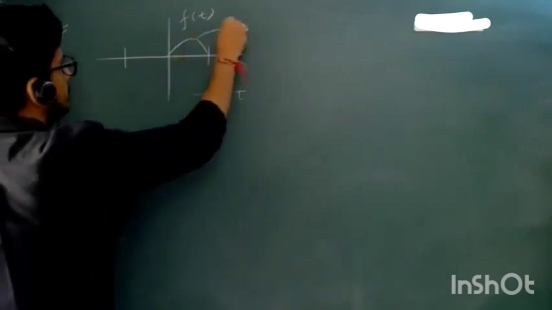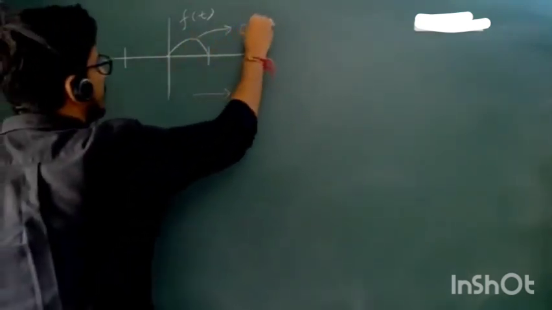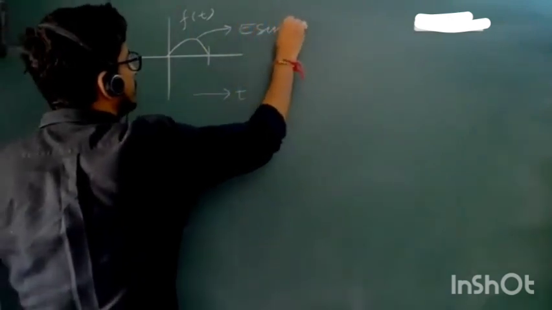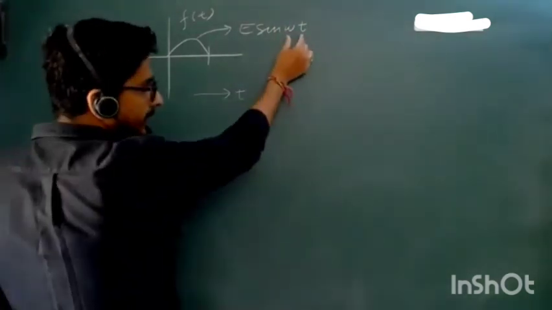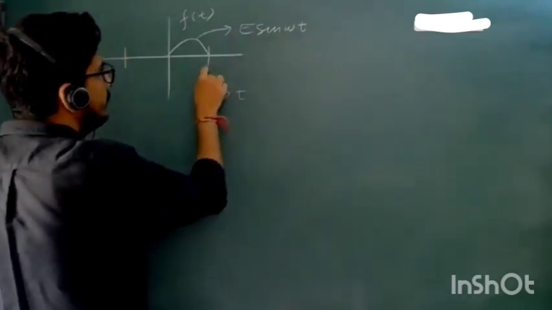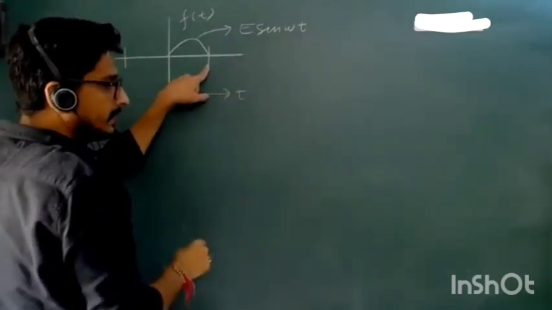So this is given that this is some E sine omega t, correct? This is given. So omega t is the angle. So what is the value here? Omega t is equal to pi.